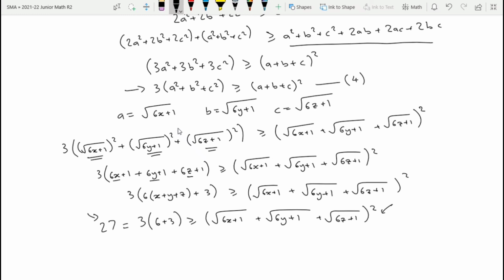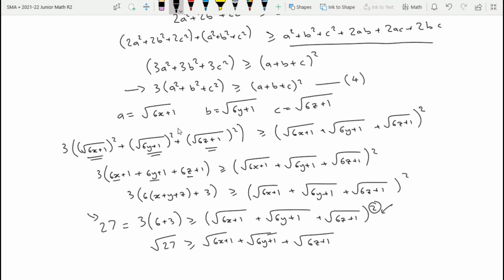When we do that, we have that square root of 27 is greater than or equal to square root of 6x plus 1 plus square root of 6y plus 1 plus square root of 6z plus 1. Since we're taking the square root, that's why the square and the root get cancelled.